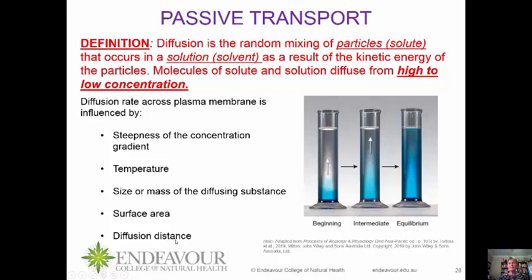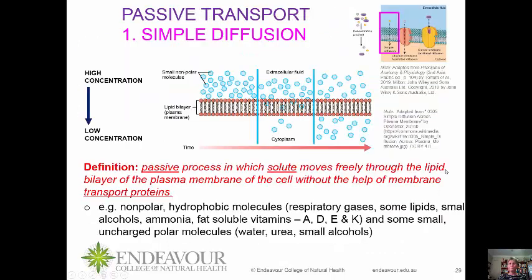And diffusion distance, the greater the distance, the slower the diffusion. Okay, so you can see here in this diagram here, you have solvent, you have solute, which is this blue substance, pour the blue substance in, and eventually you reach equilibrium, which is balance. So it means that that solute is diffused evenly throughout the solution or solvent.